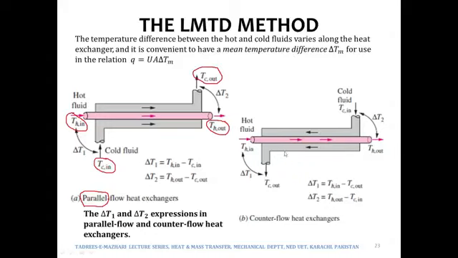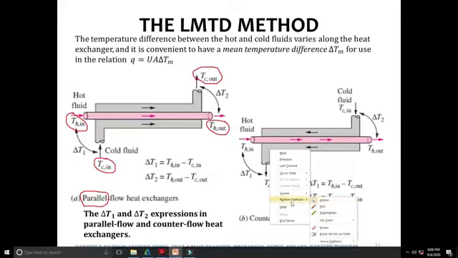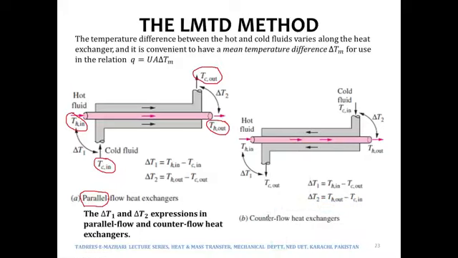Similar things will happen over here in the case of the counter flow heat exchanger. The temperature difference at inlet would be Th in and T cold out, because it is a counter flow heat exchanger. And then at the other end it would be T cold in and Th out.